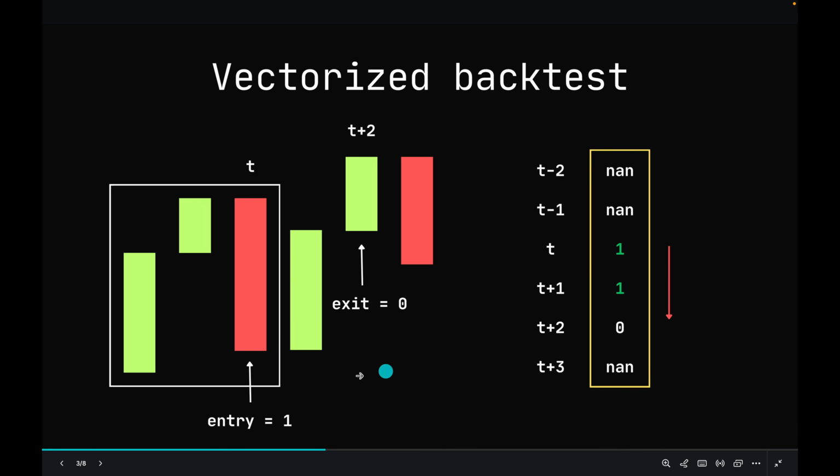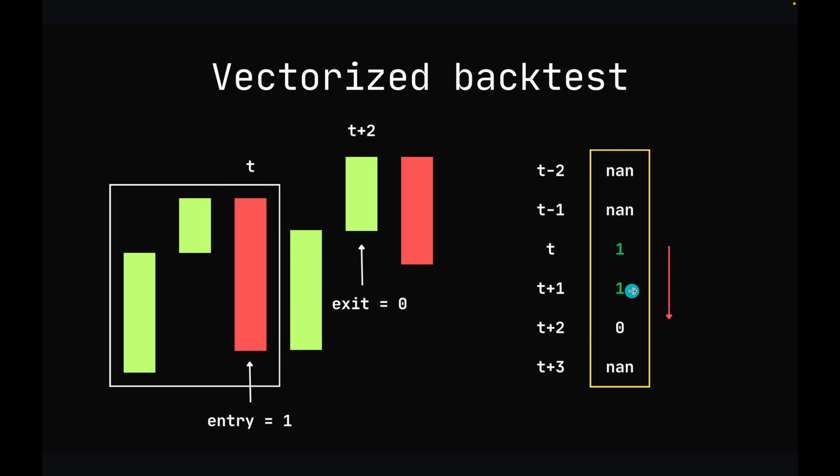And we forward fill our entry signal until we find an exit signal. So for example, here we want to exit. So we place a 0 in our position or signal vector. And all the other points where we have no entry will be marked as not a number.